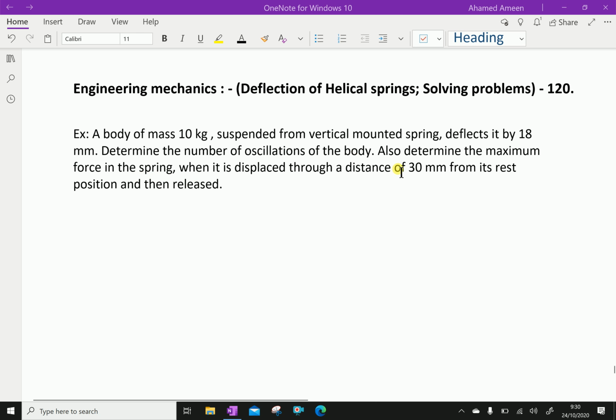Here, mass of the body, mass m equal 10 kg, and deflection delta equal 18 mm, which is equal 0.018 meter.